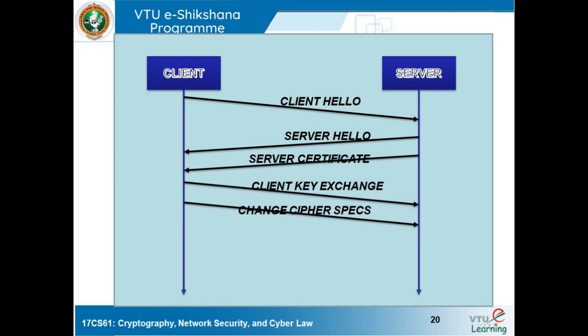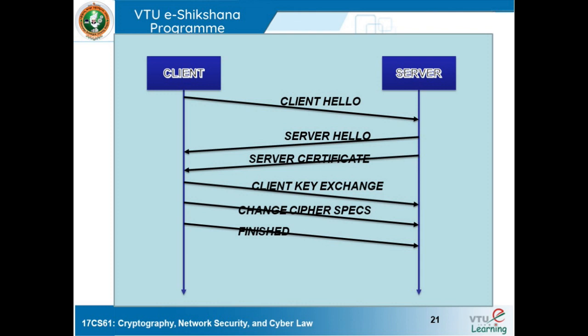Now in step 4, we have 4 messages that are exchanged between the client and the server. 2 messages from the client and 2 messages from the server to the client. The client asks the server to change the cipher specifications that will be used further, and also it sends a finished message to the server.